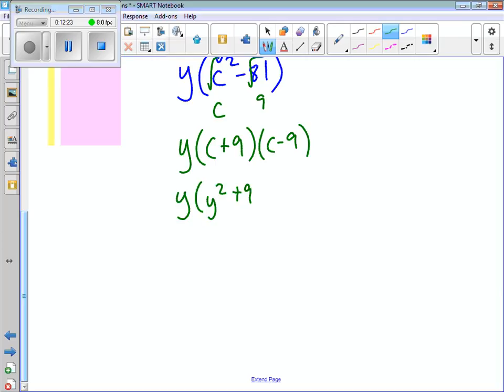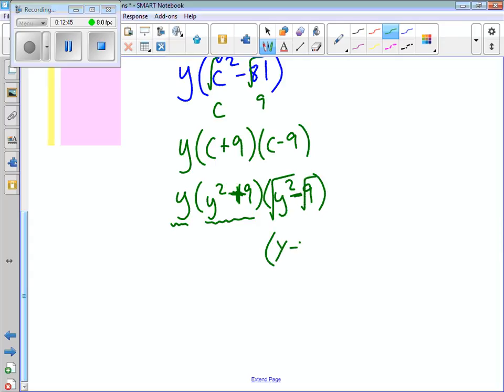Let's see if we can factor anything further. My first factor, y, no. Y squared plus 9, I have perfect squares, but it's a plus in the middle, so you cannot factor it. The subtraction here, we can. We can square root both of them, which gives us y minus 3, y plus 3.